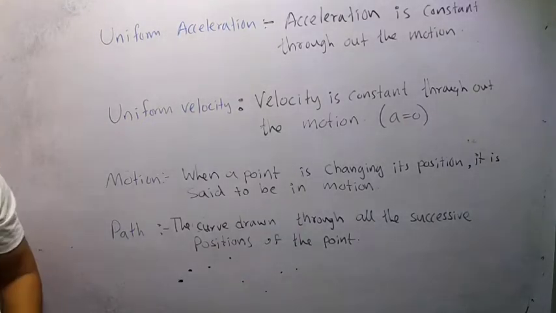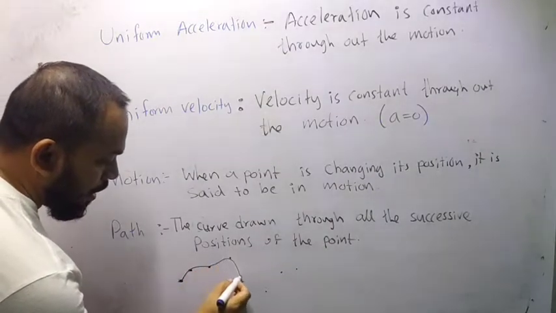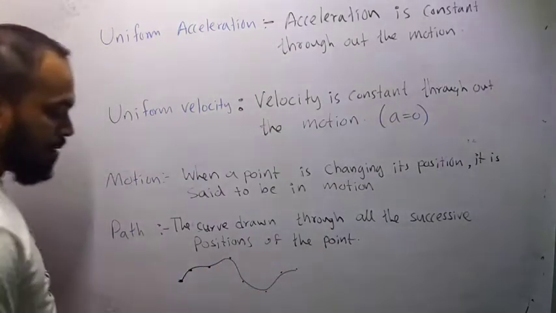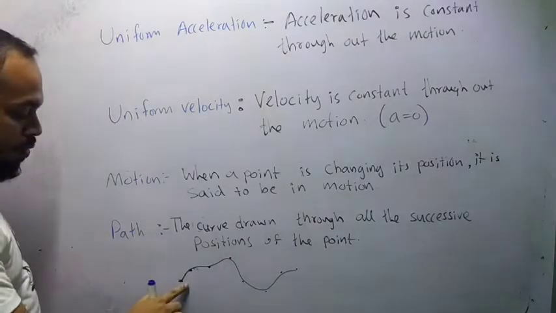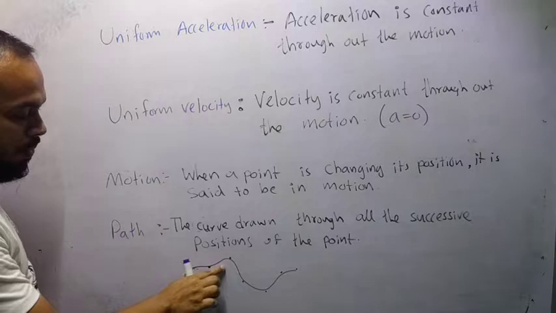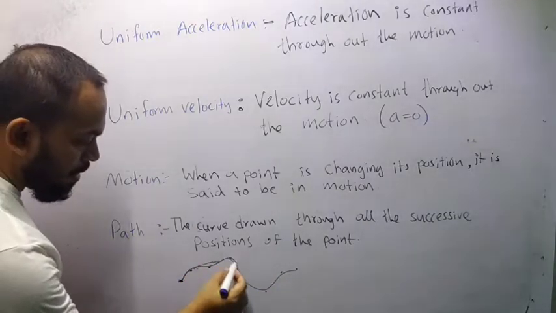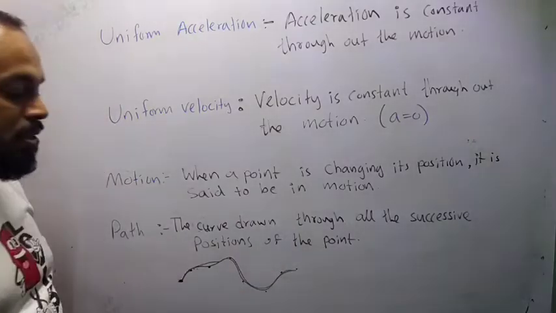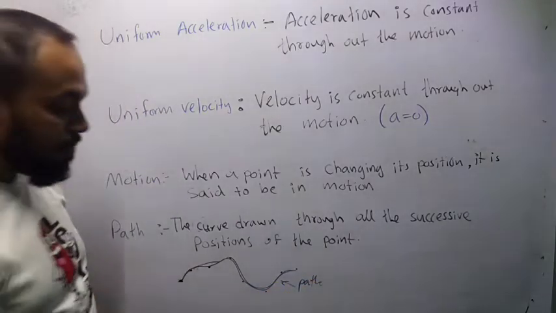So if I draw a curve through all these successive points, right? Suppose it is an ant, it doesn't go like this. It goes slowly, and the ant has its own path. A path of ants. This is the curve drawn through all the points. That is called the path.